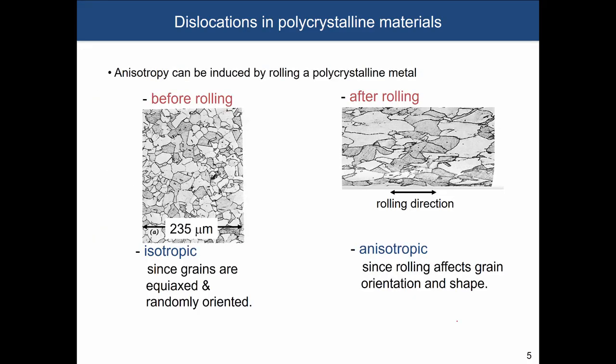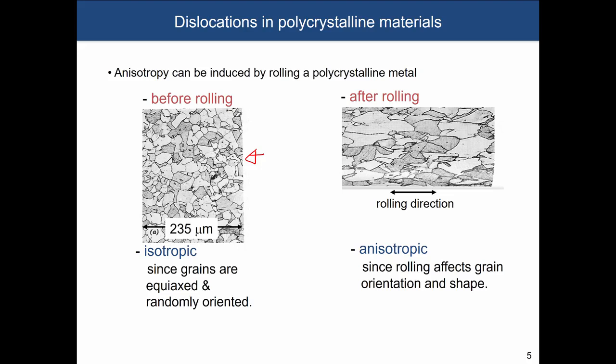This can be done using so-called rolling processing. If this is a typical polycrystalline material, the orientation of the grains is random, and the size of the grains depends on the processing parameters. But if you start with a given material, you can roll the material. You can apply rolling techniques to elongate the grains and change their relative orientations.